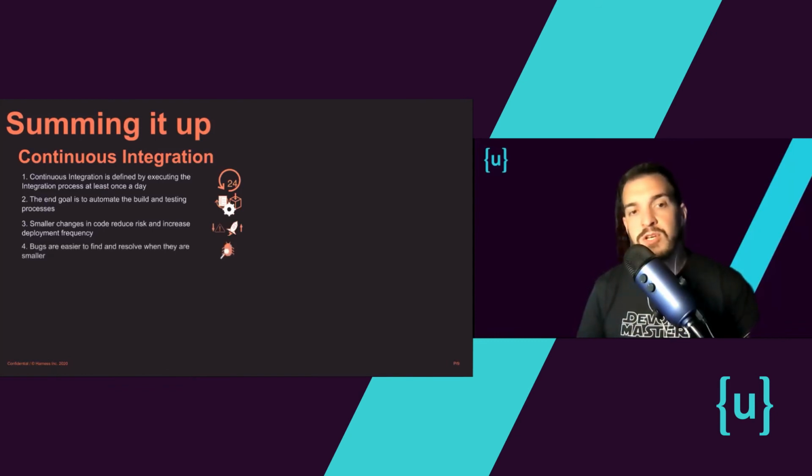Bugs are also easier to find and resolve when they're smaller. If I have a bug that's showing up because of one line or half a line of code, that's really easy to find and squash. However, if I have 20 bugs showing up because I've committed 100 lines of code, it takes me a little longer to find out what's going on. And are they bugs that rely on each other? If I'm doing 10 lines of code at a time and I'm seeing 2 bugs, it's pretty easy to see whether these bugs are related or independent.